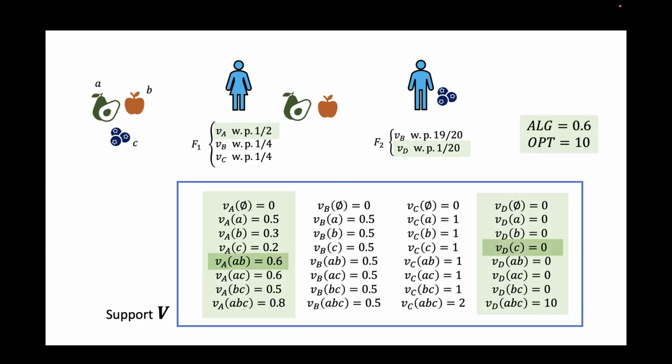The welfare of this allocation is then 0.6, the sum of these 2 values. In hindsight, we could have given all items to the second person for a higher value. So we want to maximize the expectation of what we get with the algorithm, and compare it to the expectation of the optimal.